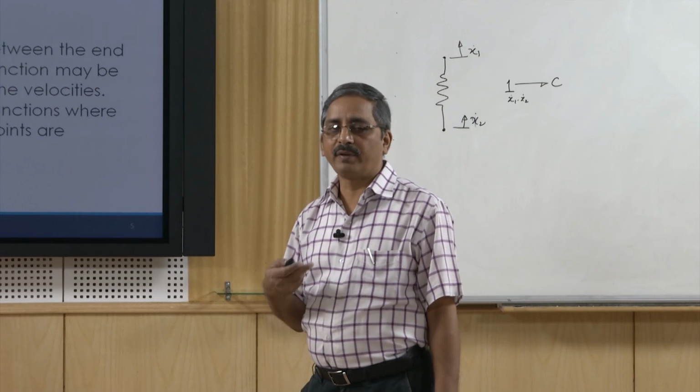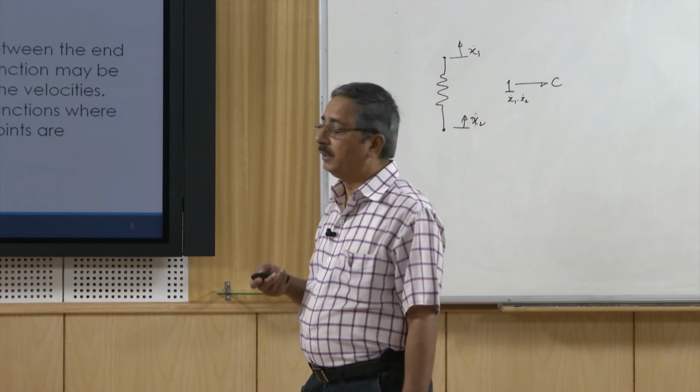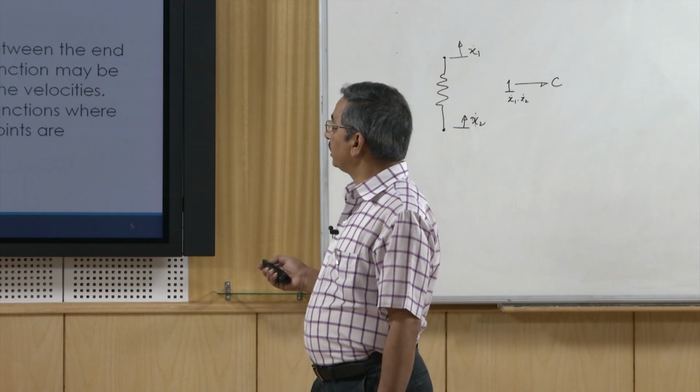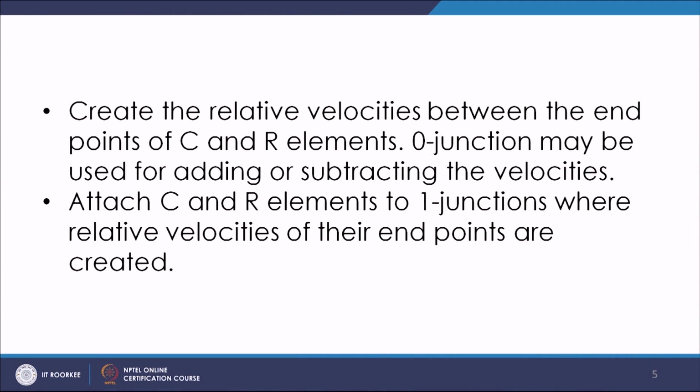That is how we create a relative velocity port with the help of the zero junction. So, a zero junction may be used for adding or subtracting velocities. Then attach the C and R element to a one junction where the relative velocities of their endpoints are created.